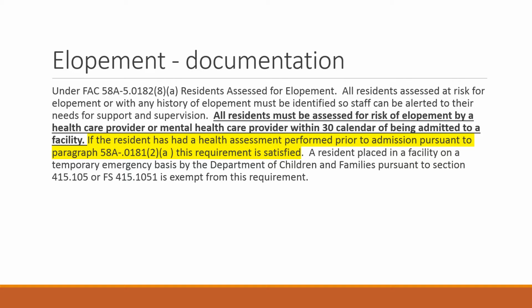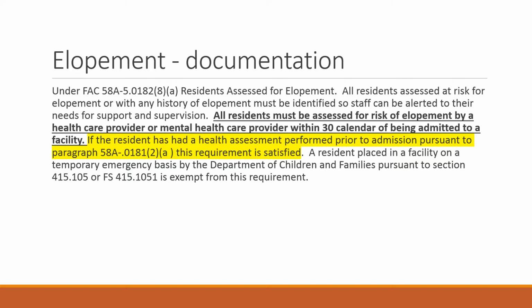That's one of the reasons we ask for the health assessment before the resident gets to the facility, in order to meet this need. Now, a resident placed on an emergency temporary basis by the Department of Children and Family is exempt from this requirement for a period of time.